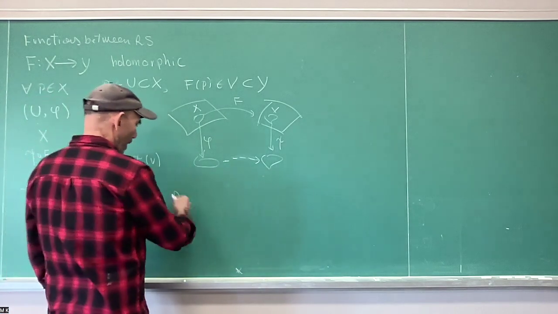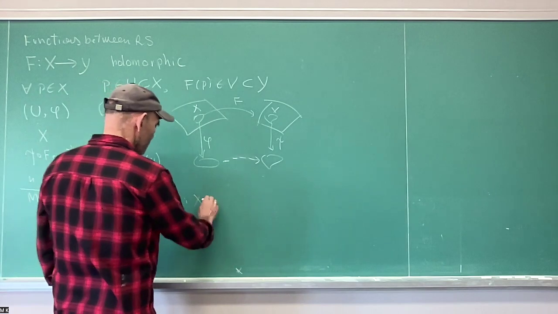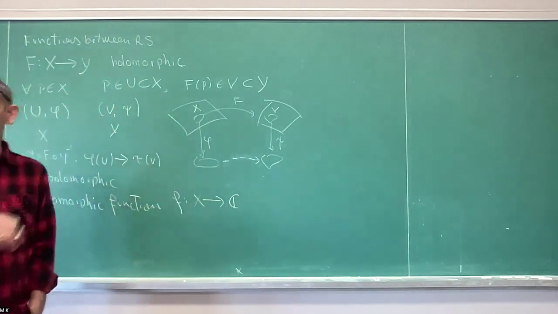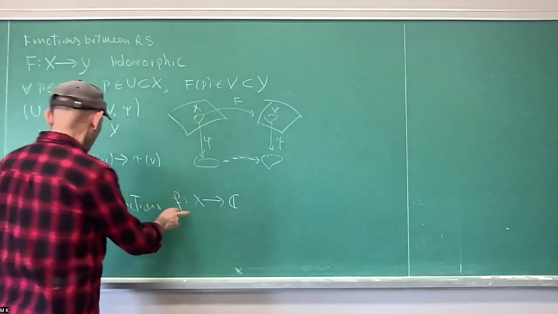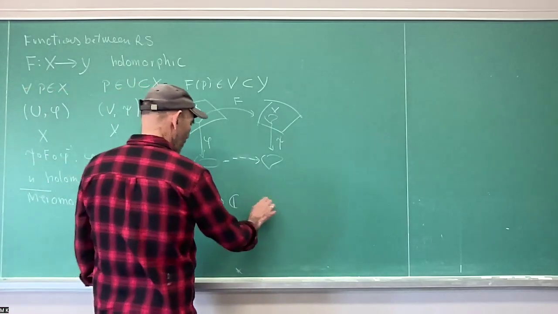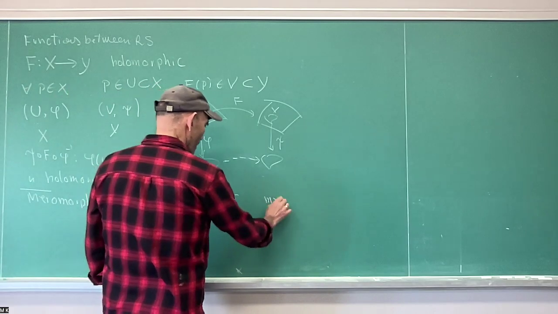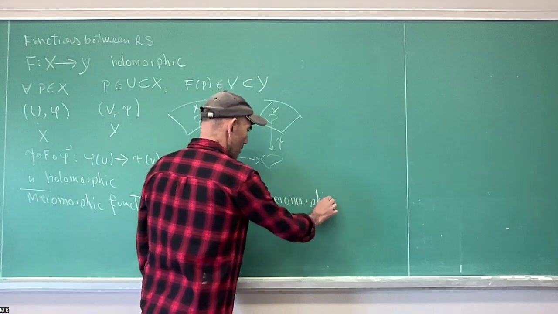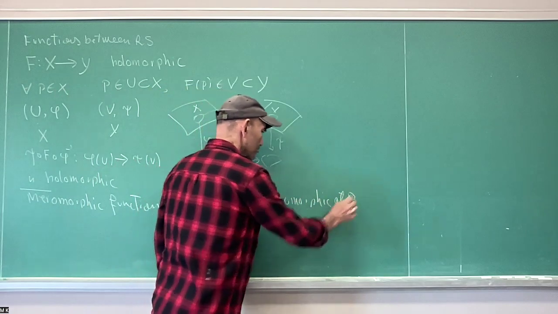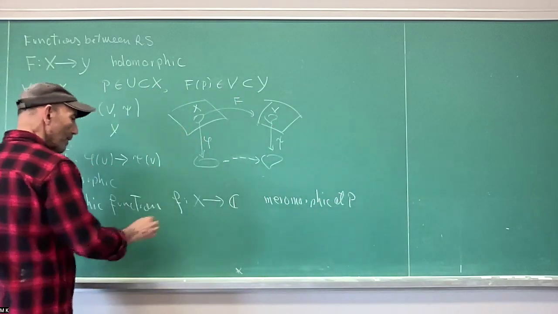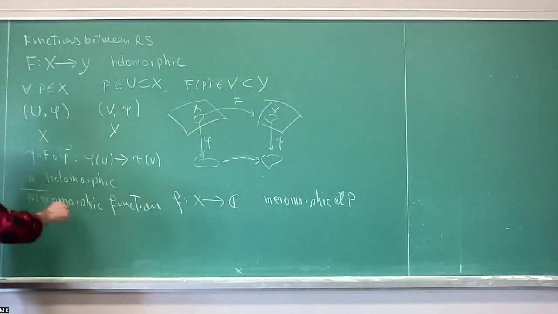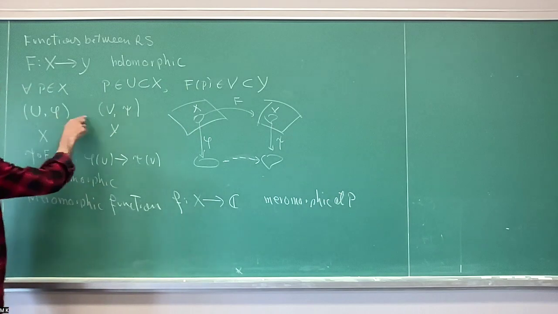I just say f from X to C, but I don't mean that f is defined everywhere on C. So we just say that f is meromorphic around p if the following holds.